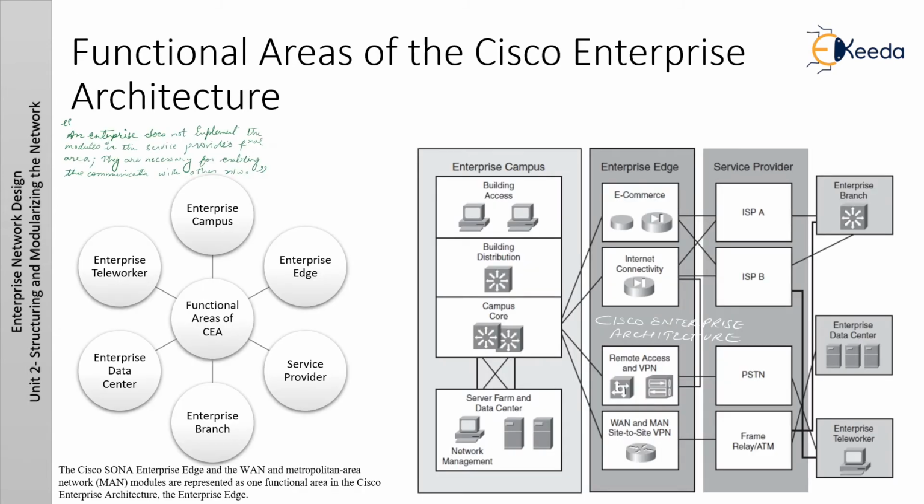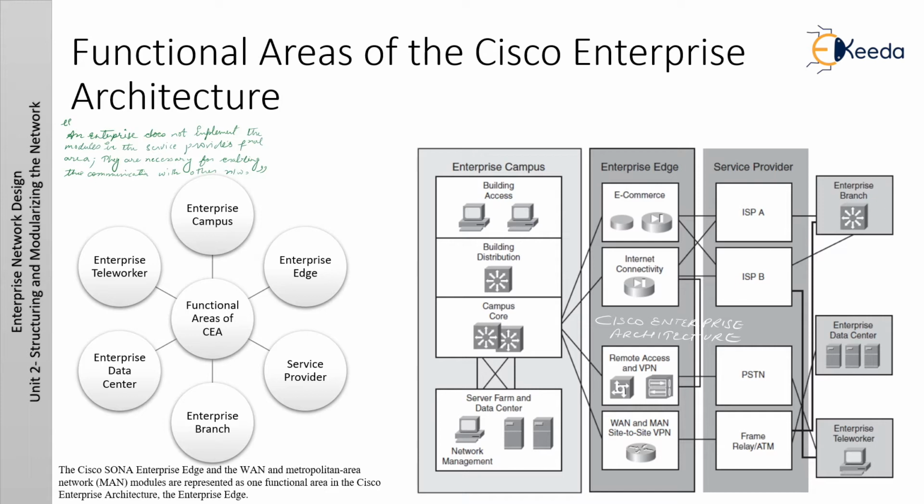Functional areas of Cisco Enterprise architecture. At the first layer of modularity in the Cisco Enterprise architecture, the entire network is divided into functional components, functional areas that contain network modules, while still maintaining the hierarchical concept of core, distribution, and access layers within the network module as needed.